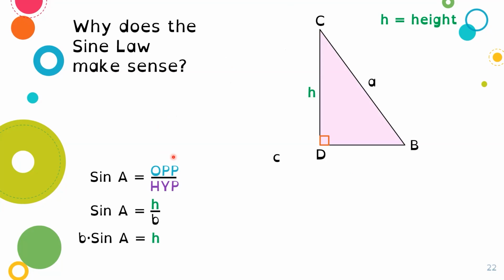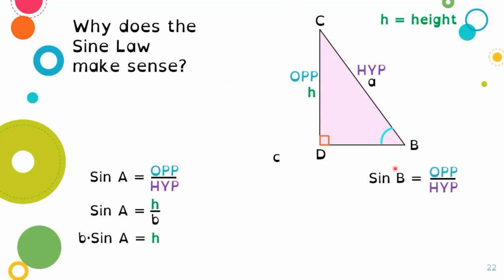Now, if we look at our smaller triangle, the other half of our big triangle, triangle BCD, we still have that same height H as one of our sides. Now looking at reference angle B, H is the opposite and a is the hypotenuse.